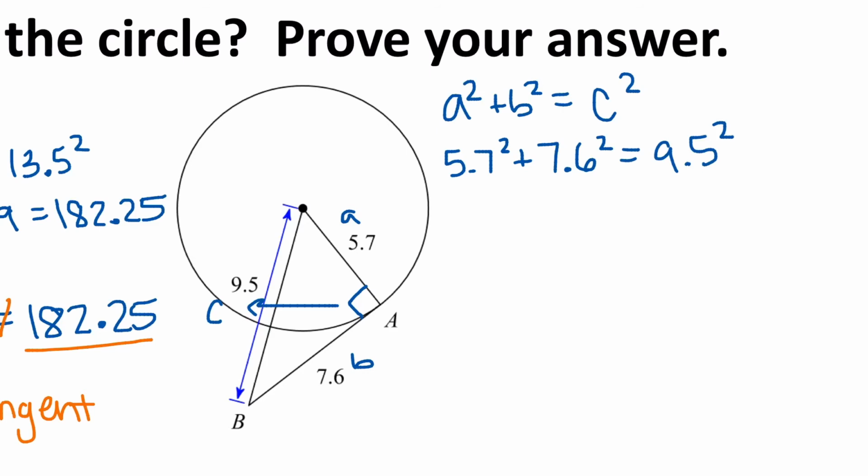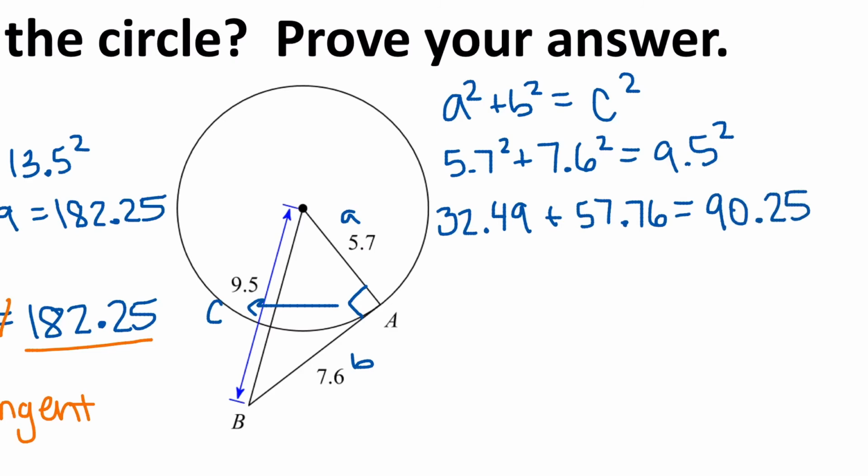And now I will simplify. 5.7 squared is 32.49. 7.6 squared is 57.76. And 9.5 squared is 90.25. Now if I add these two values together, 32.49 plus 57.76, I get 90.25.